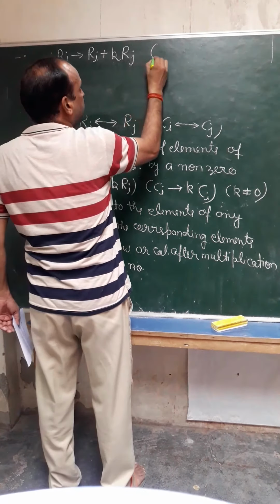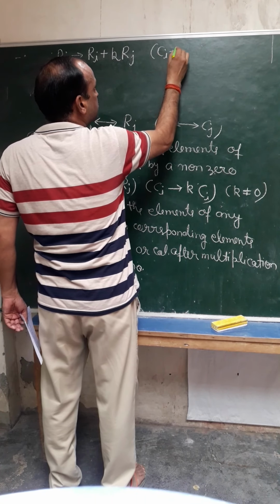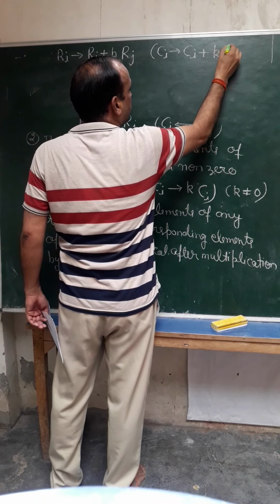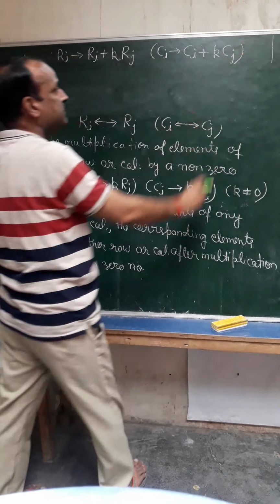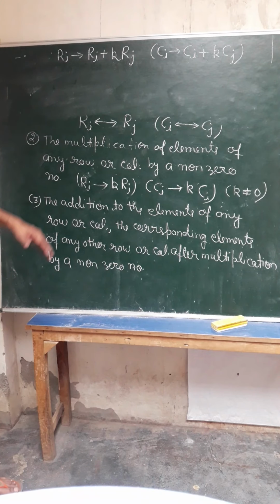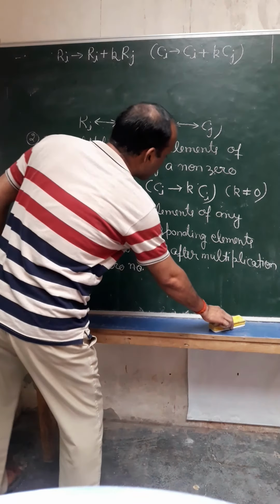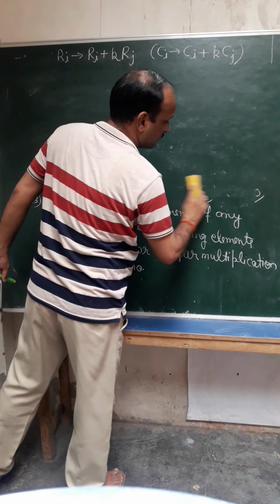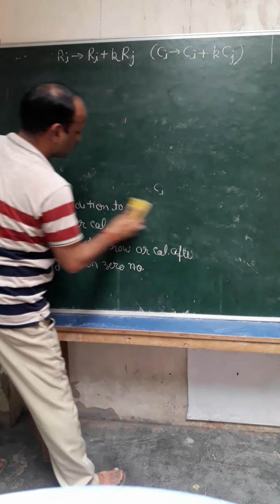And similarly, for columns we write Ci replaced by Ci plus k Cj. It will be very clear when we apply these transformations in finding the inverse of a matrix. Then I will clear it more.